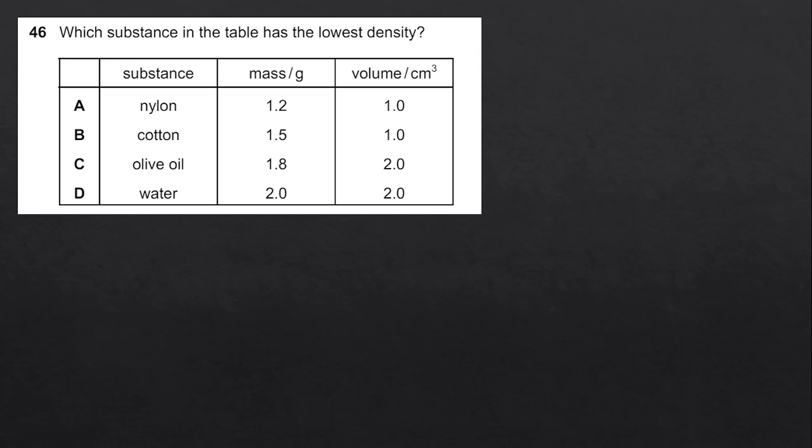Question 46. Which substance in the table has the lowest density? For each of them we have to find the density. We have been given the mass and volume. Let's write down for nylon. For nylon, mass is 1.2 and volume is 1.0. So nylon has a density of 1.2 gram per cm cube.